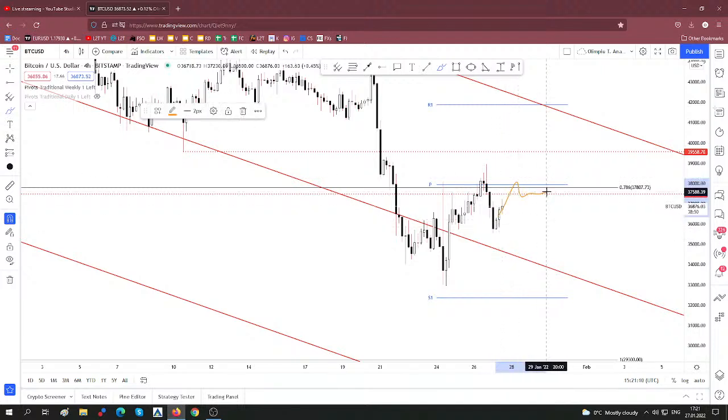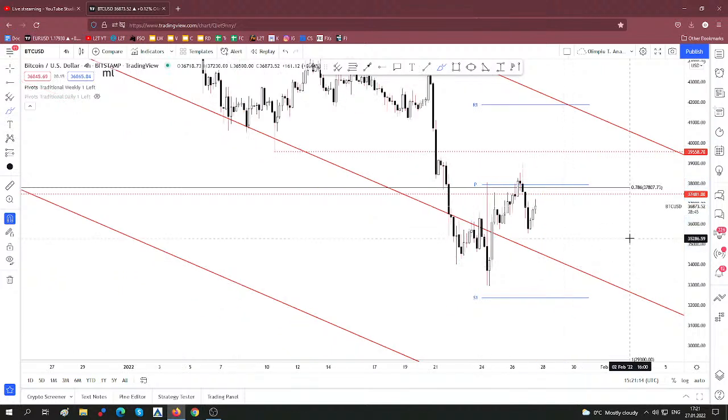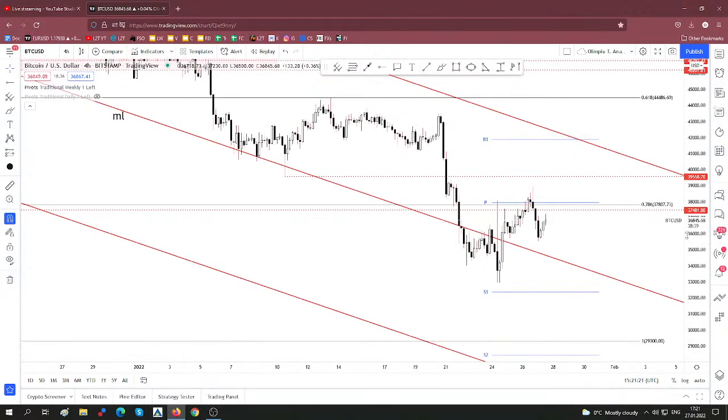Maybe here test, retest could signal potential drop. As long as it stays right below these immediate and near-term resistance levels, it could drop deeper.